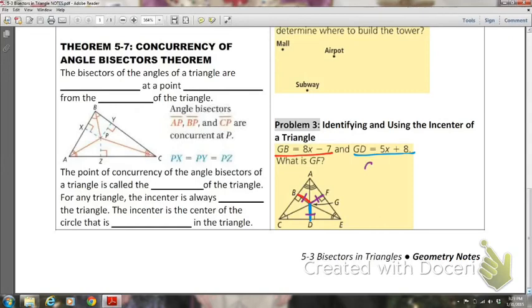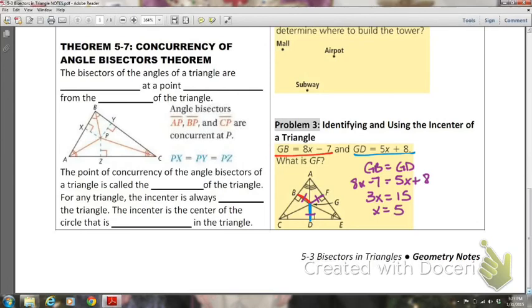You're going to set GB equal to GD first, since those are the ones you have values for, to find the value of x, which you have 8x minus 7 is equal to 5x plus 8. Subtract the 5x from both sides, gets you 3x. Add the 7 to both sides, gets you 15. x is 5.